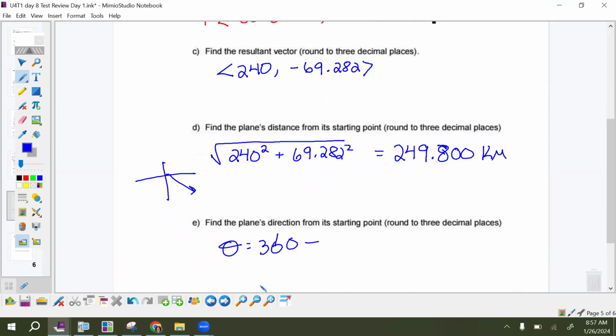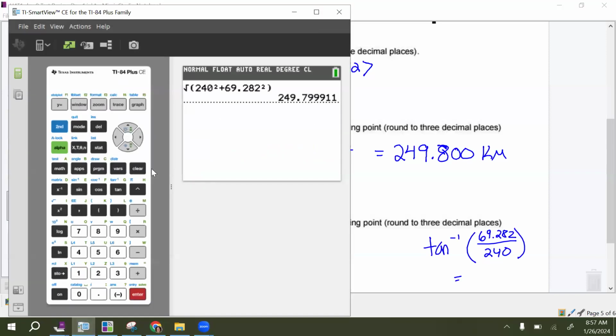So our direction is going to be 360 minus the reference angle. And the reference angle is... 360 minus that.